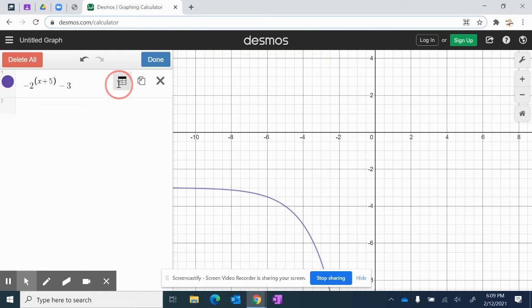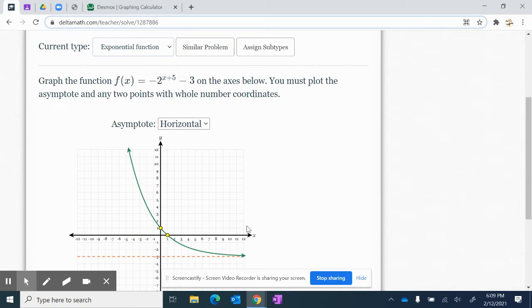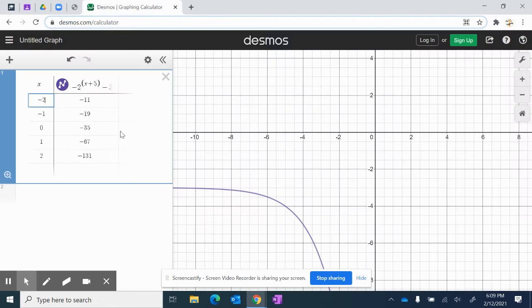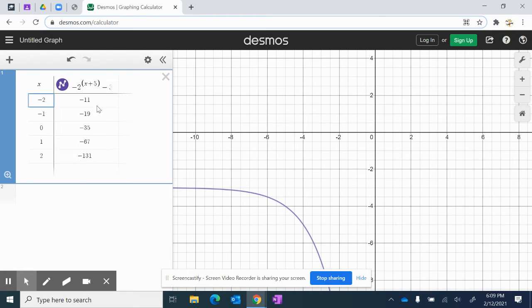Okay, and again, you can convert to a table and you can use the 2 points that will fit. So taking a look at this one, it only goes down to -11. So you can use -2, -11 as one of your points. And then the cool thing is if you can't see any other ones that fit, you can change this number.